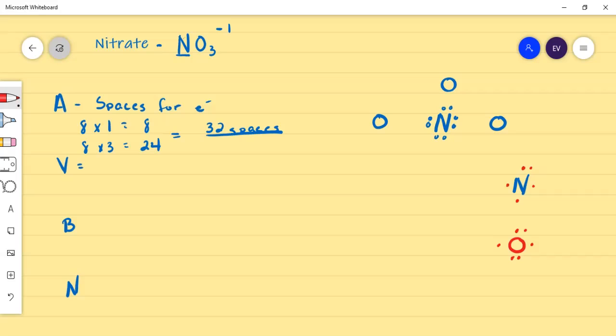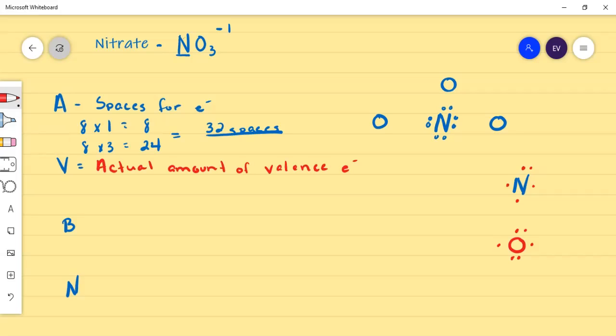For nitrogen, it's going to be the actual amount of valence electrons. You guys should know how to calculate these already.